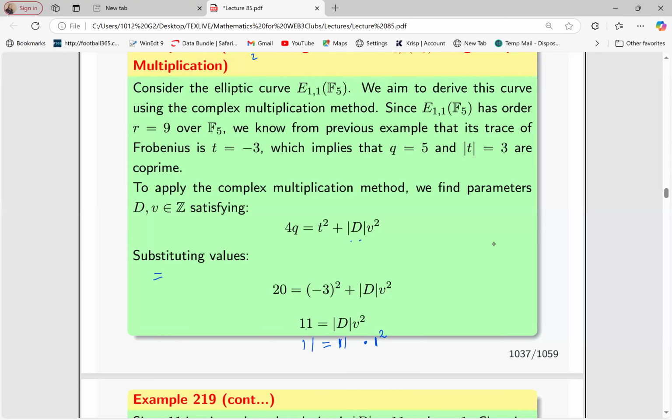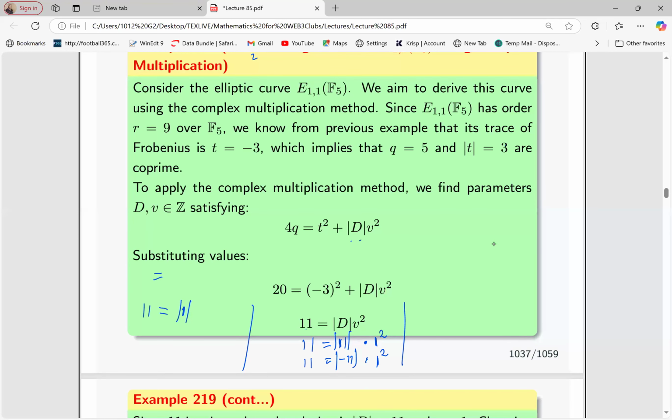The other possibility is that D can be -11, because I'm taking the absolute value. This one I'm also getting the absolute. And then V square can be 1. That is one option. The other option is that 11 can also be obtained by D being 1 and then V square being 11.